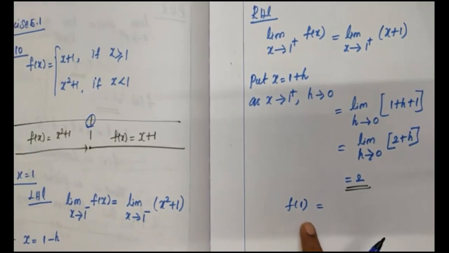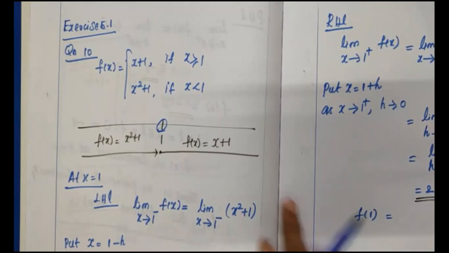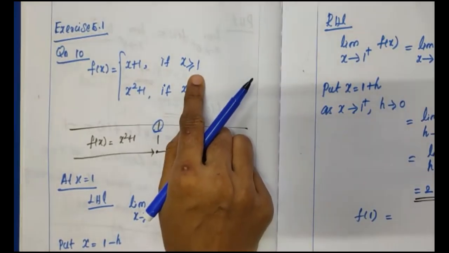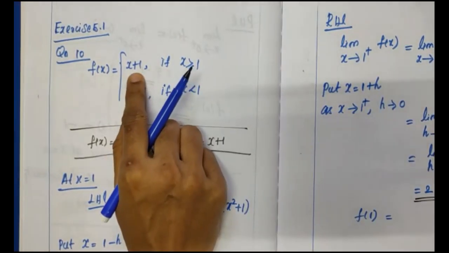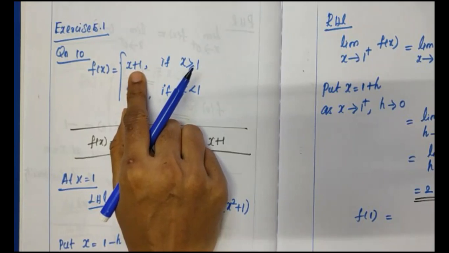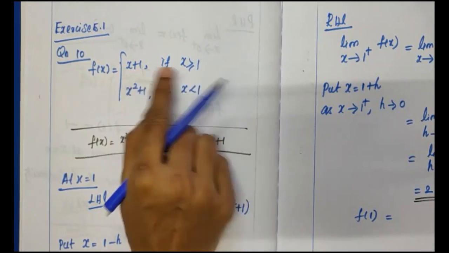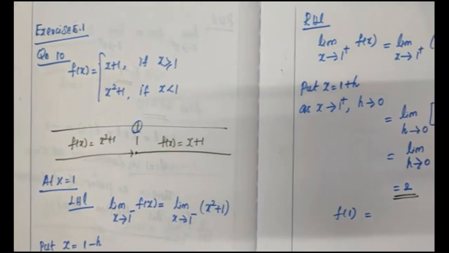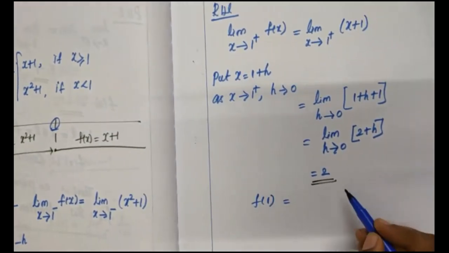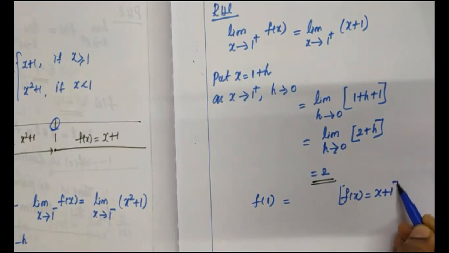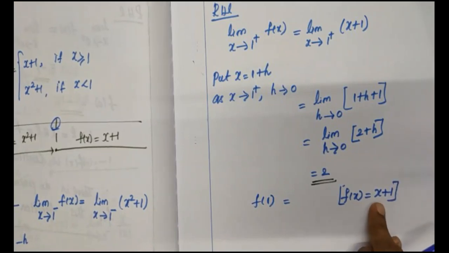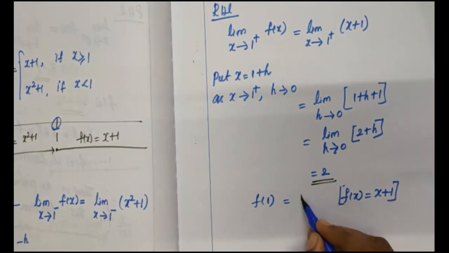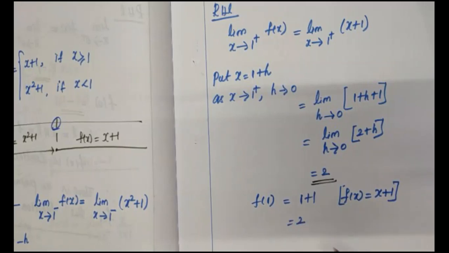So f of 1. X is greater than or equal to 1, meaning f of x is equal to x plus 1. At x equal to 1, f of x is equal to x plus 1. In the place of x substitute 1. So 1 plus 1, 2.